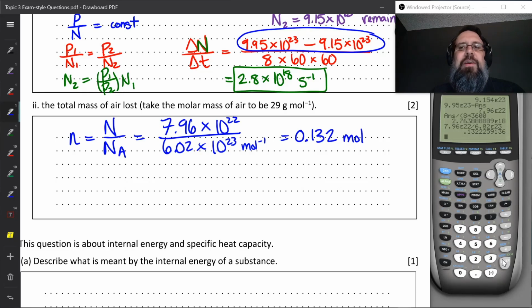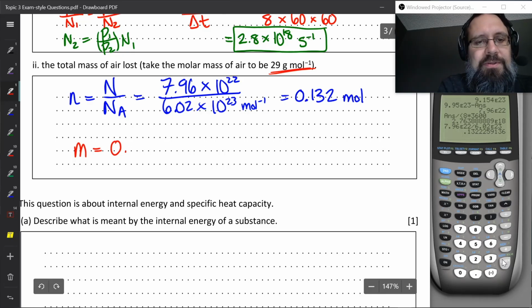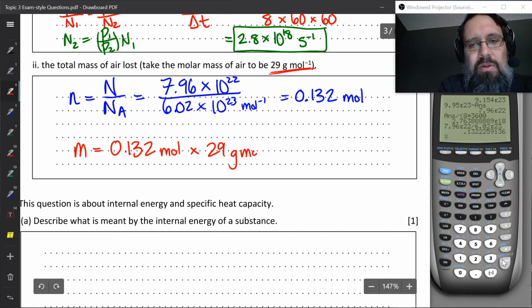Now how do we figure out the mass? The mass is simply a matter of multiplying by the grams per mole, which the question gave us. So the mass is going to be 0.132 moles times 29 grams per mole. The moles cancel out, and we just end up with grams.